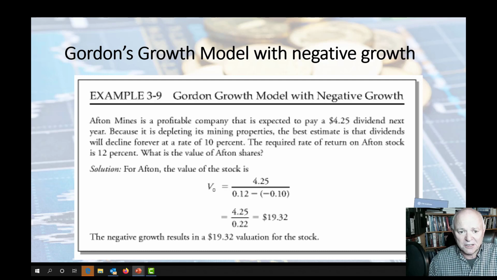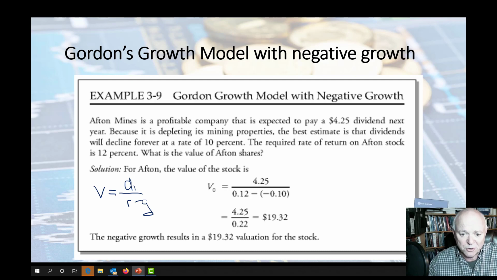So in a model like this, where we typically use the familiar model that says the value of the company is equal to D1 over R minus G. If we have a discount rate or a cost of equity of 12%, our required rate of return is 12%, and our growth rate is minus 10%, then the value of the company is 4.25, the expected dividend, divided by 0.12 plus 0.1.